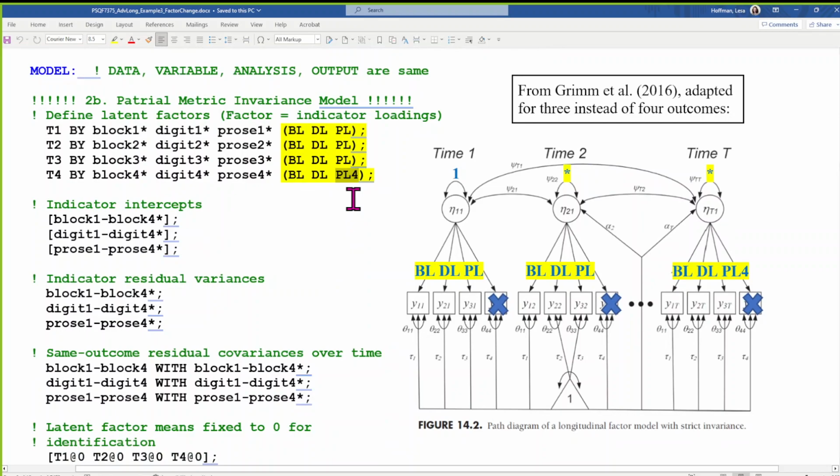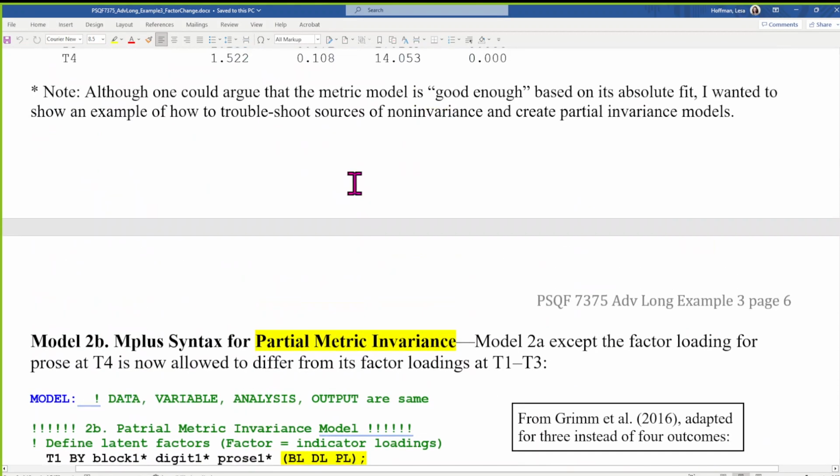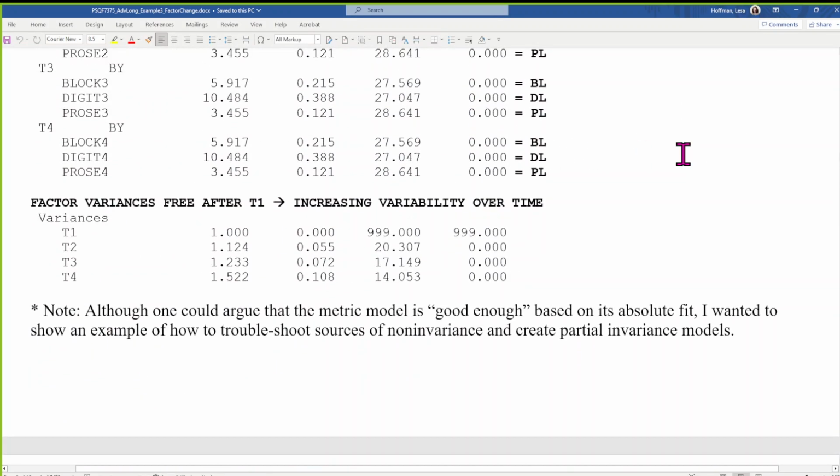Yes? Can you go back to the variances, please? Because in that case, we can see that the variance increases over time. But are those numbers comparisons between specific data points or specific latent constructs, or are they just like a continuum? I'm not sure I understand your question.